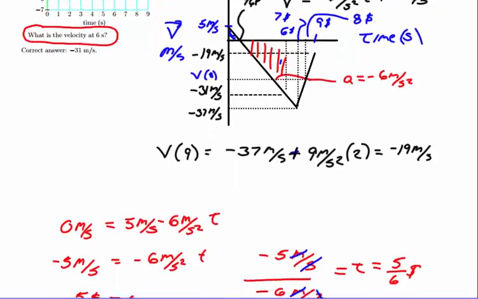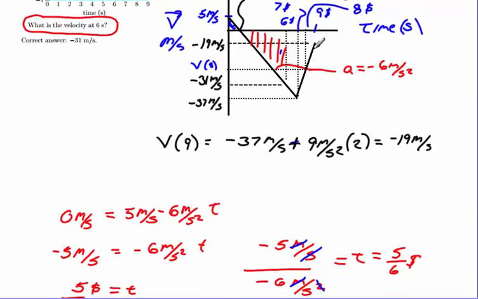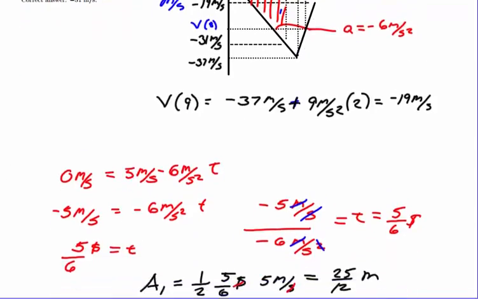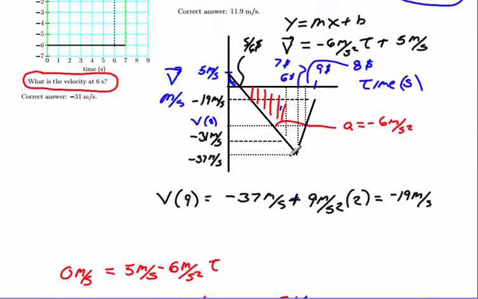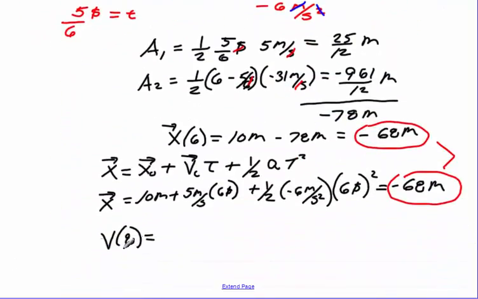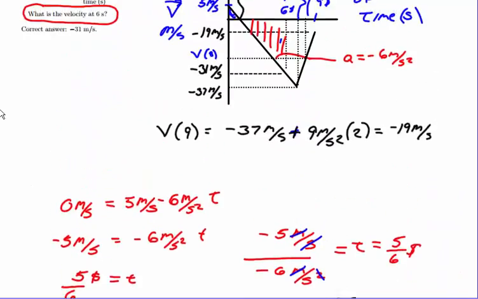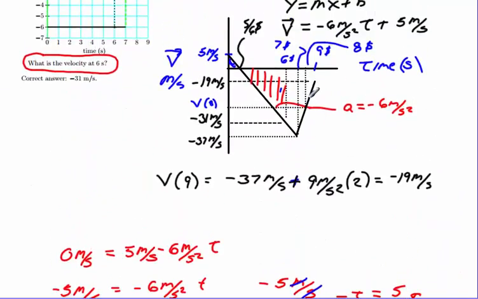Well, again, can I not just use this equation of the line? Can I not go back and say my velocity at 8 seconds is going to be the velocity I have at 7 seconds, which is negative 37 meters per second, plus the acceleration that I have here, and again that's the slope.